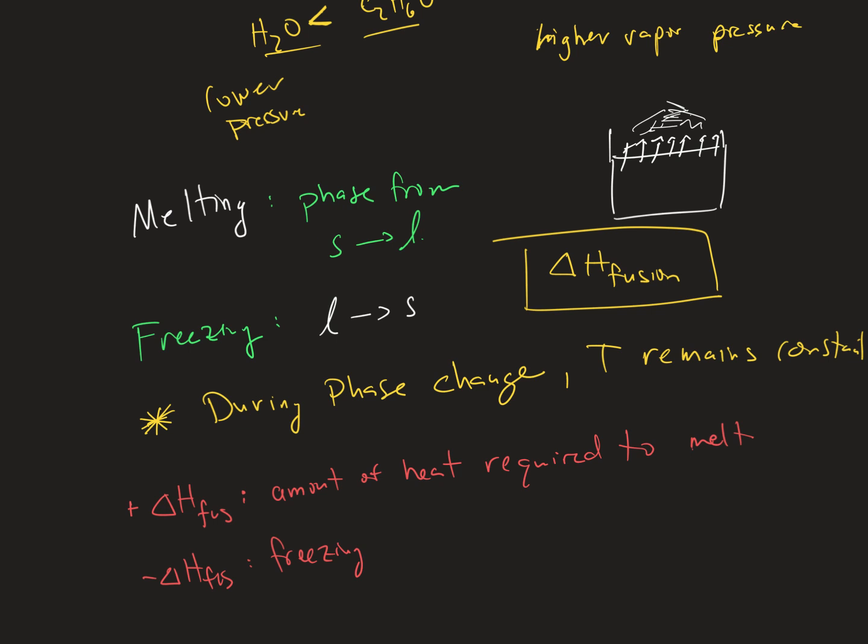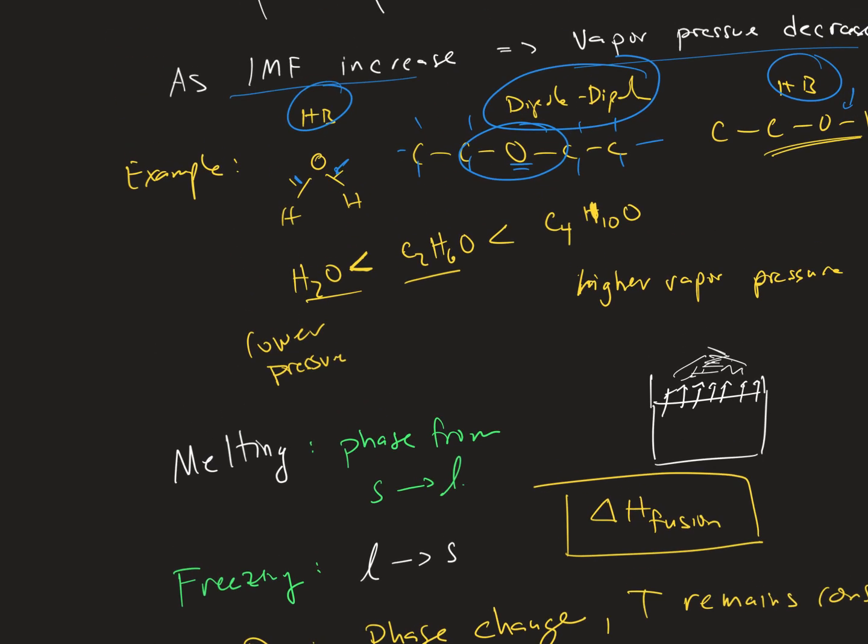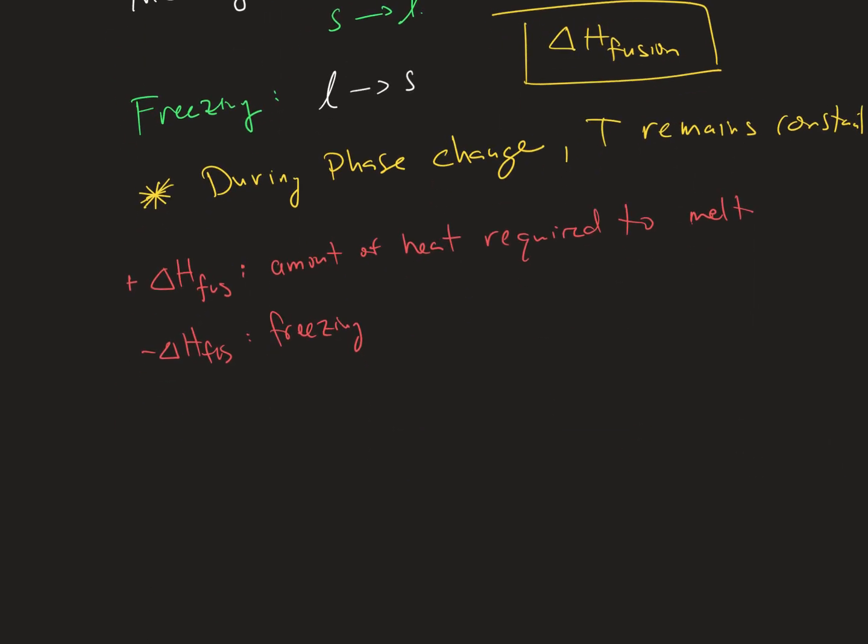So we talked about vaporization, condensation. And I guess I forgot to talk about heat of vaporization. So to change a substance from liquid to a gas or gas to a liquid is called heat of vaporization. I'll just add that right here.